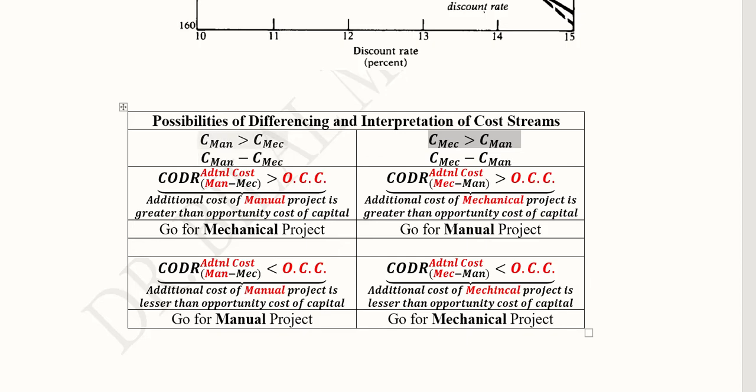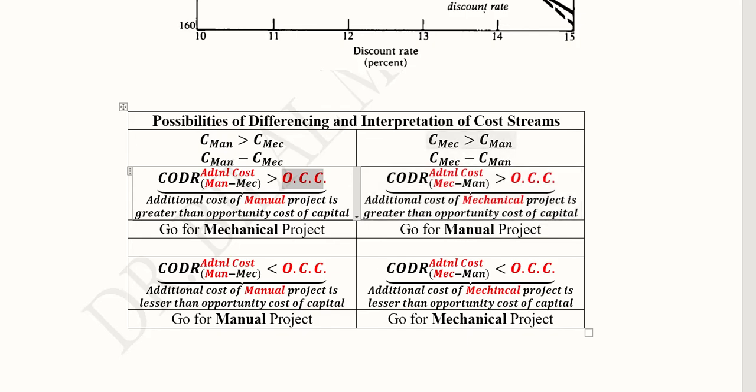We can see that manual technique has more expense as compared to the mechanical technique, so we place it like this, that is manual technique minus cost of the mechanical technique. So the difference of the cost can be calculated, and then we can find out the crossover discount rate, and that will be showing the additional cost of the manual technique as compared to the mechanical technique. It has to be compared with the opportunity cost of capital.